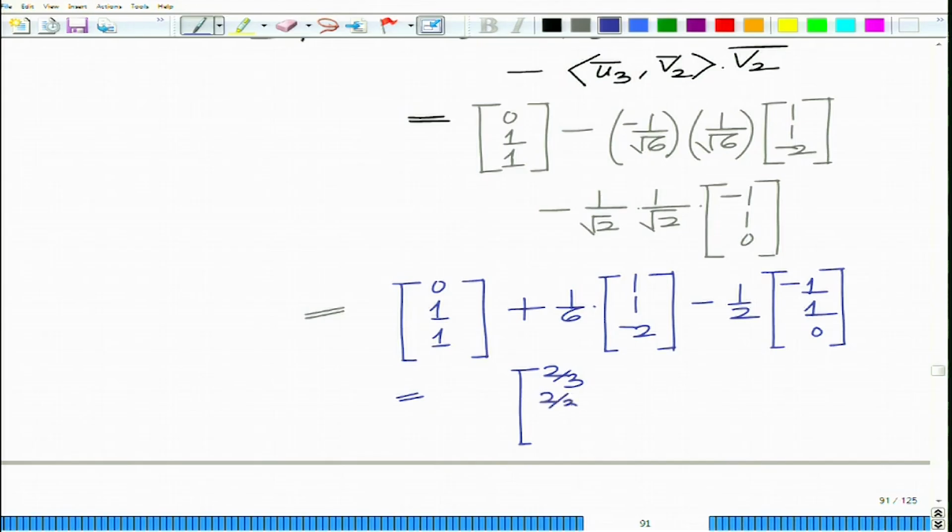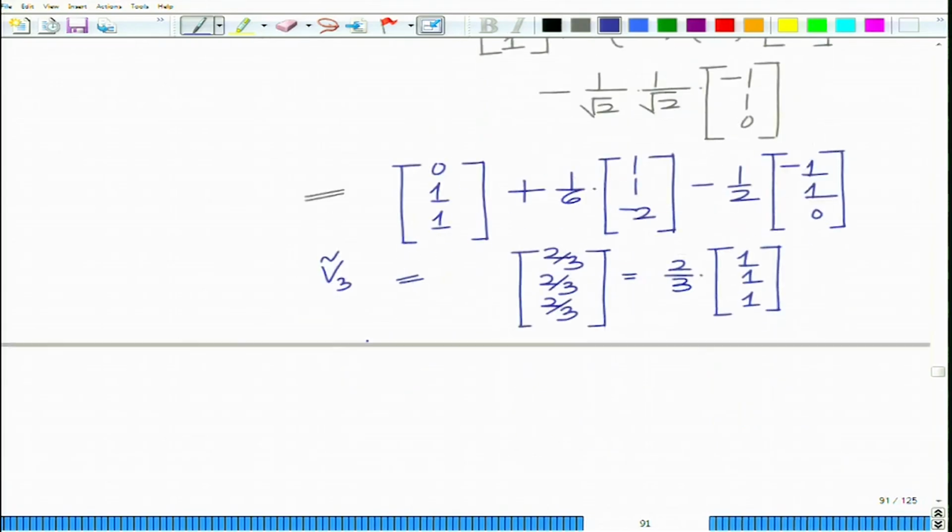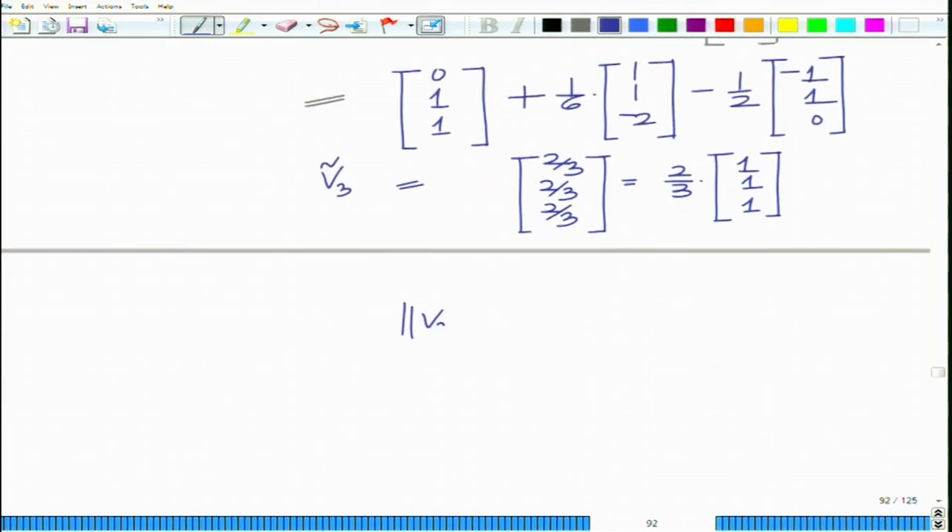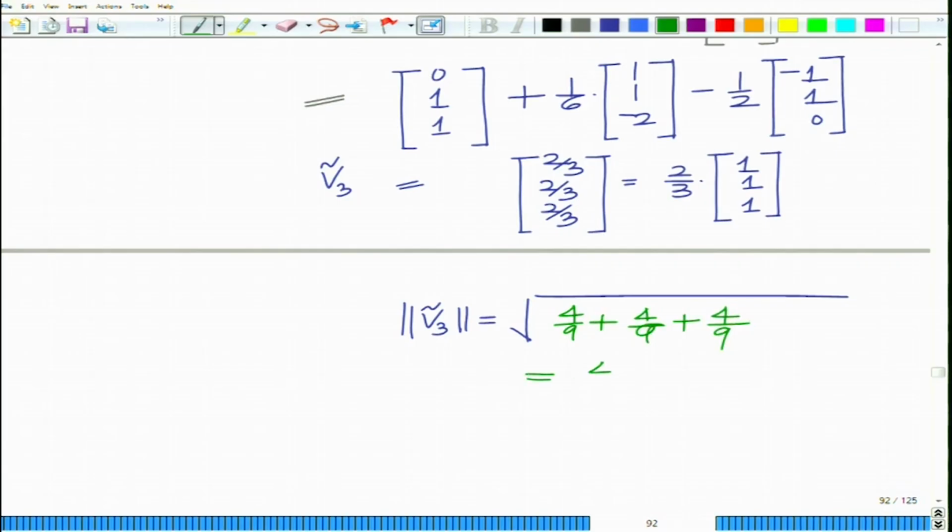You can also check that the second entry will also be 2 by 3, and the third entry will also be 2 by 3. So, that is 2 by 3 into 1 1 1, and this is basically your V3 tilde. And the norm of V3 tilde you can also compute very easily. That is the square root of 4 by 9 plus 4 by 9 plus 4 by 9, that will be 2 by 3 square root of 3.